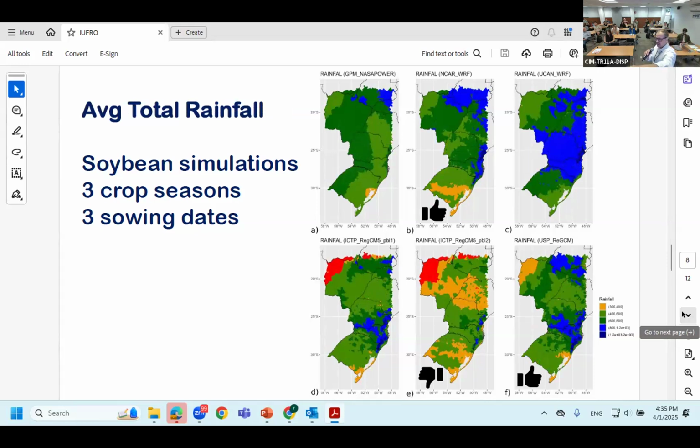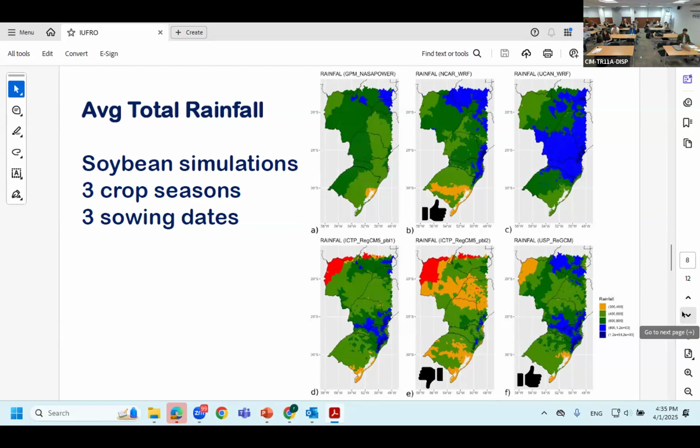For instance, the NCAR, WRF, and USP, that's University of São Paulo, and this is CTP from Trieste, Italy. You can see clearly here that it's not similar average precipitation. This is like yellow. It's between 3 and 400, and then 4, 16, and so on. So we can see here that it's a pretty different pattern.